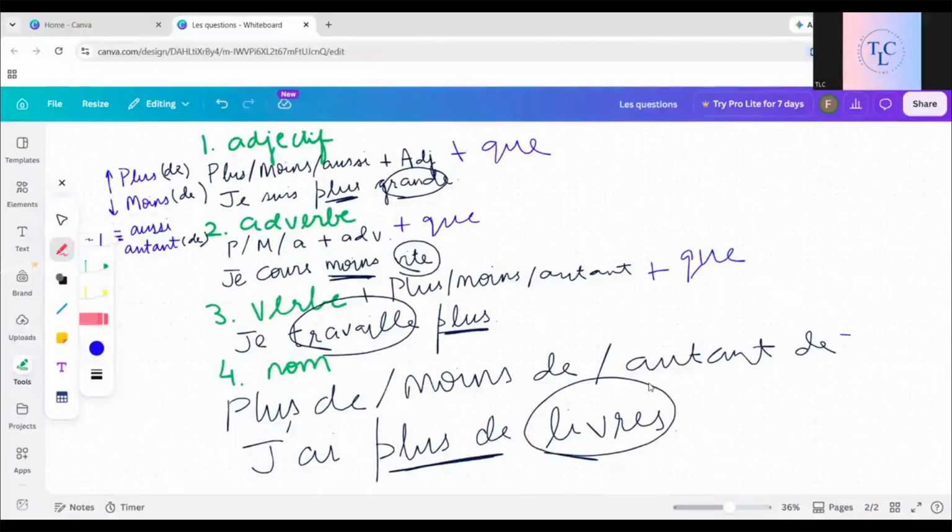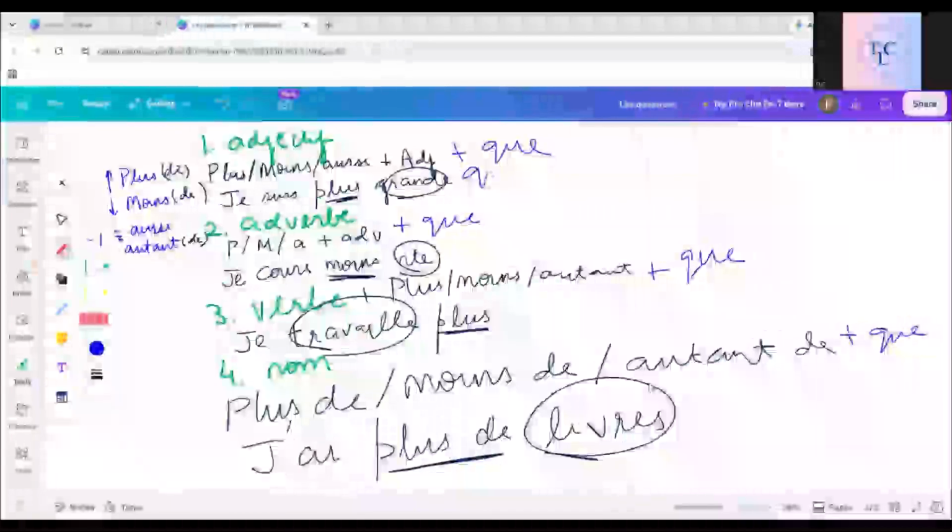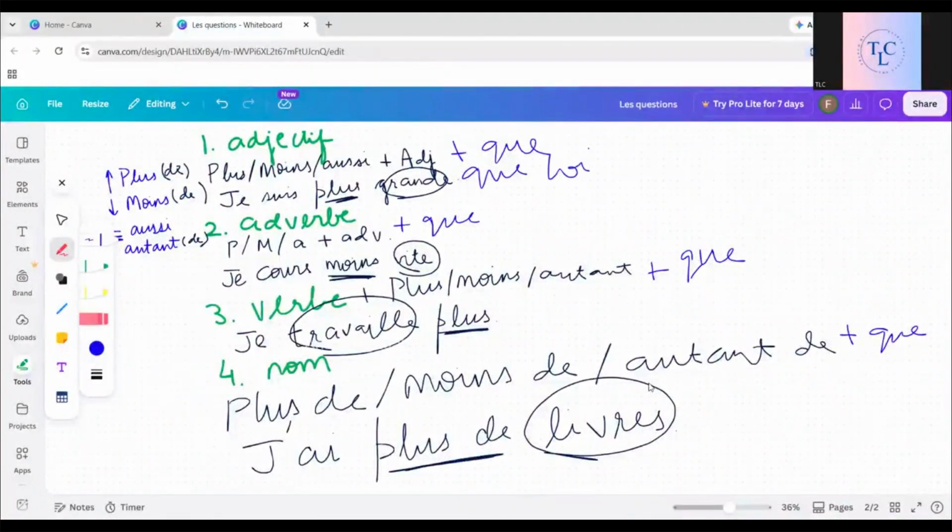Je suis plus grande que toi, than you. Then je cours moins vite que toi, than you. Je travaille plus que toi, and j'ai plus de livres que toi. Yes, we add que and then we add the other element that we are comparing with. That's it.